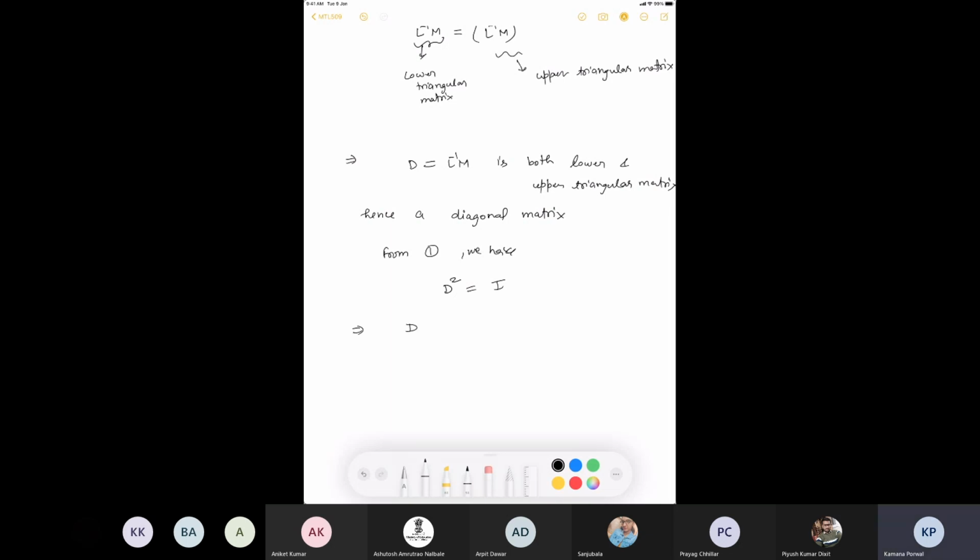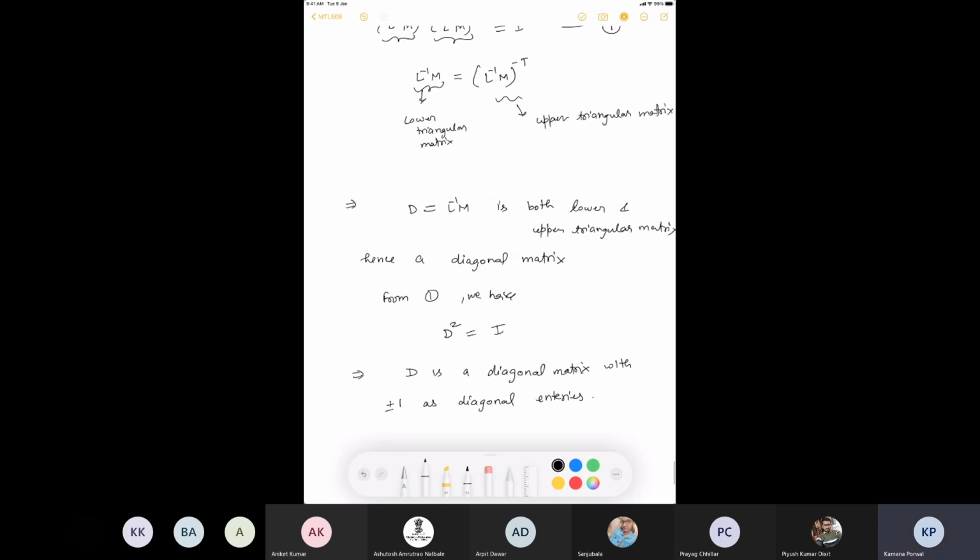Right. So this implies D is a diagonal matrix with +-1 as diagonal entries. Right?